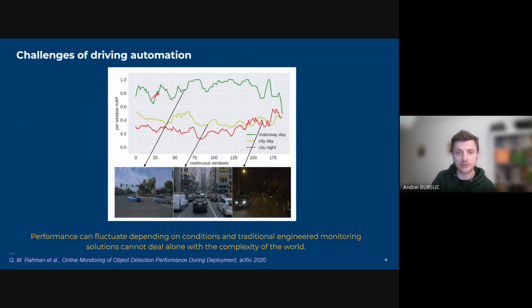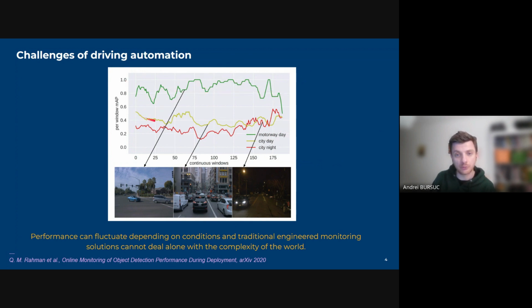So you can see here in green we have relatively high mAP predictions, while we are in a relatively easy scenario, on the highway in daytime. So we can see here in green that our perception system estimates that we have a good performance in these conditions.